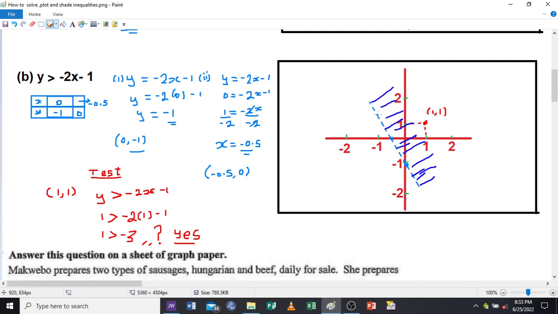So this is the region being represented by the inequality y greater than negative 2x minus 1. Again, if you want the unwanted region, so the opposite side, the unshaded one, is the unwanted region. If you are told to shade the unwanted region, you shade the opposite.